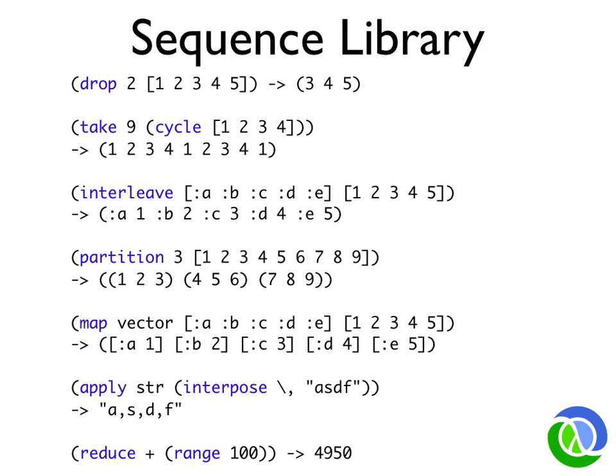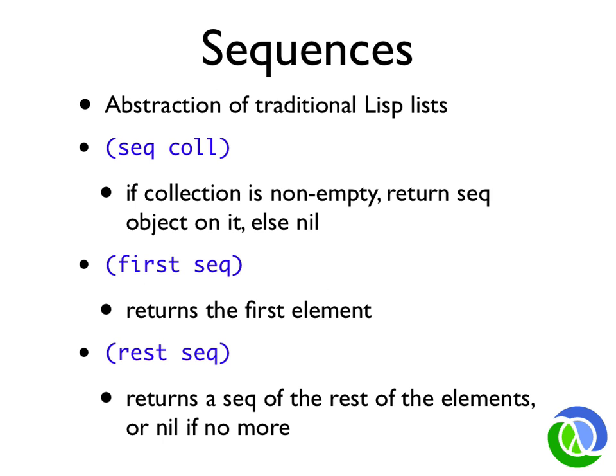It does that because if we go back to the definition of this, is there anything about the way I describe the operation of these things that says that the rest of this thing has to exist? I could make up the rest right when you ask me, right? And how much of it would I have to make up? Just one more thing. The thing I give you has to have one more thing in it, and I'm okay. And it could delay the calculation of the next part till the next time you call rest.